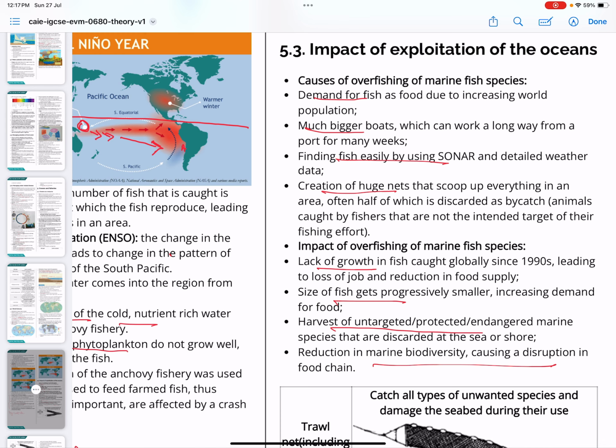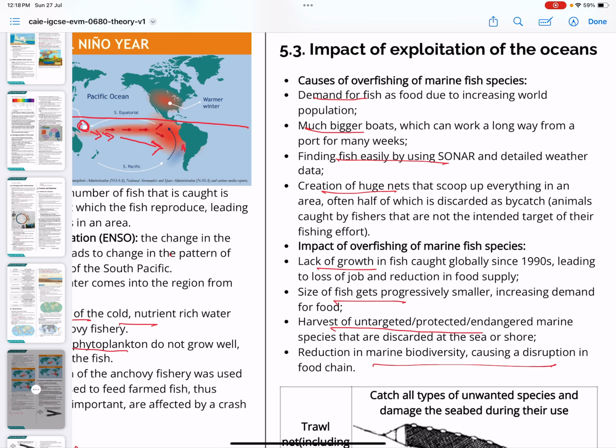Now, if overfishing is going to be done, then the fish are going to be lesser in quantity, the fish are going to go extinct, and the size of the fish is going to get progressively smaller, and this is going to cause the endangered species of the fish to go extinct.